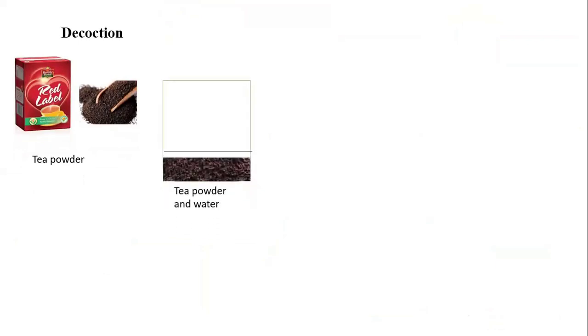Now the next one is decoction. In case of decoction, we take tea powder, which we prepare every day. You take tea in the morning or throughout the day. How is this tea prepared? Take tea powder, pour it in water, then boil it and keep it aside for a few minutes.